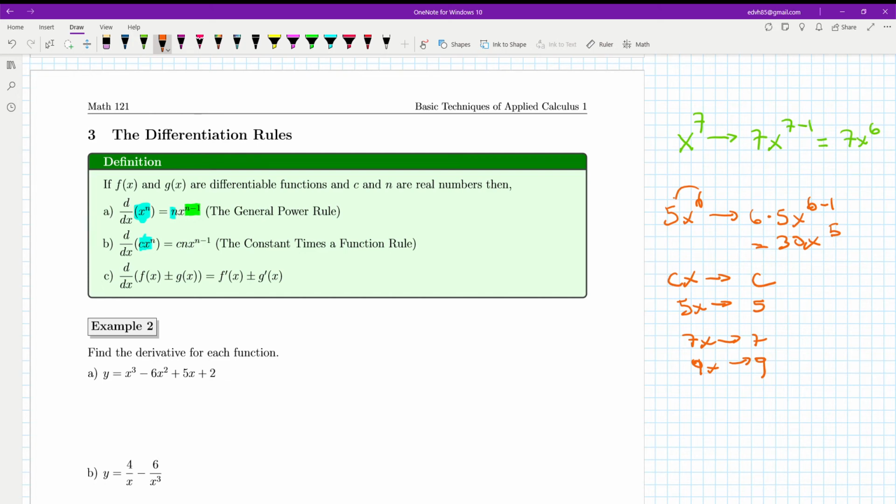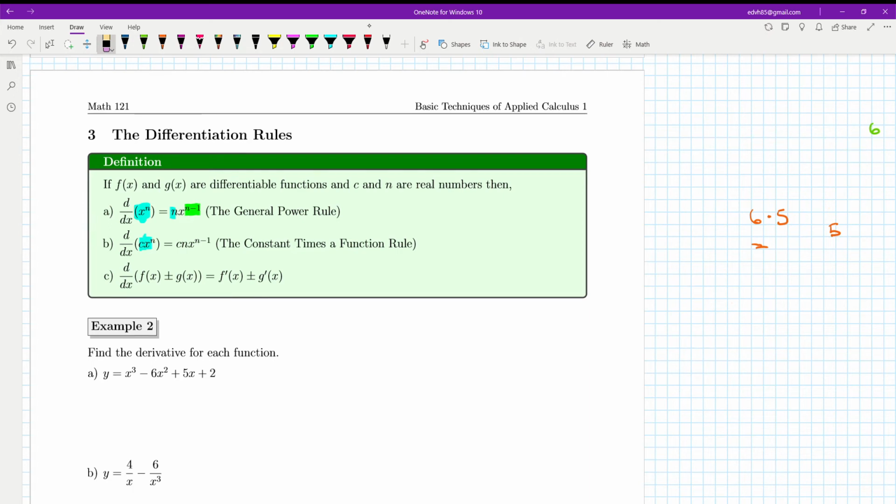All right. Now about notation, ways to denote the derivative. Notice I have been using the prime notation, but we also have d over dx.